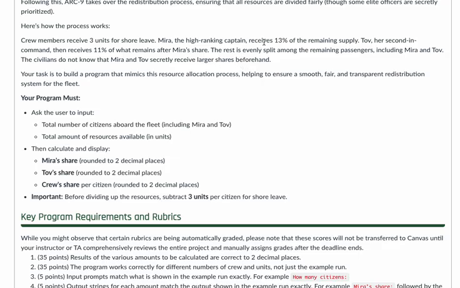Mira, the high-ranking captain, receives 13% of the remaining, and then whatever is leftover, Tov, her second in command, receives 11% of what remains after Mira's share. Then the rest is evenly split among the remaining passengers, including Tov and Mira. So for the first one, Mira and Tov are not included.